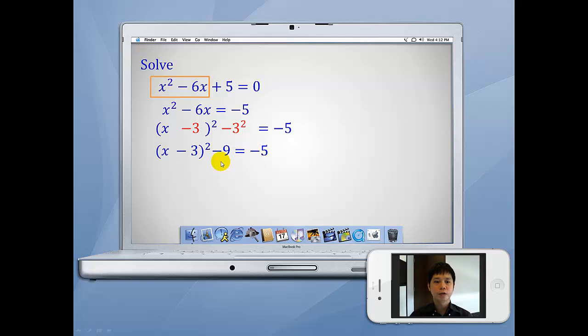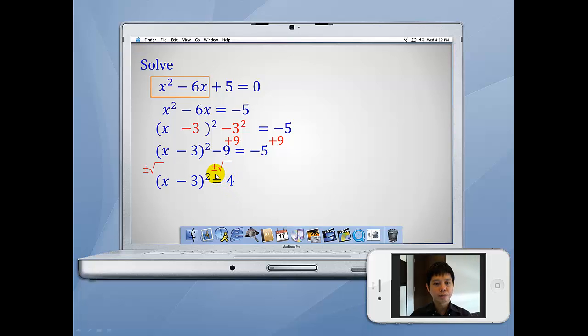Now we shall move the constant term over to the other side by adding 9 on both sides. On the left hand side, we will be left with x minus 3 squared. On the right hand side, we will simplify it to 4. Are you able to solve this now? Do not expand and simplify as we have learned previously. Instead, we should, yes, square root on both sides.